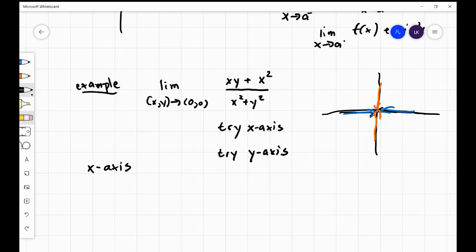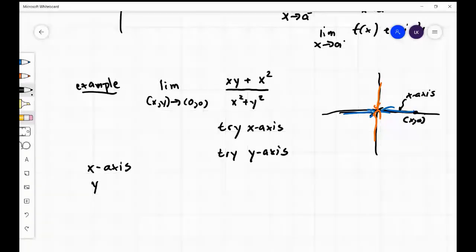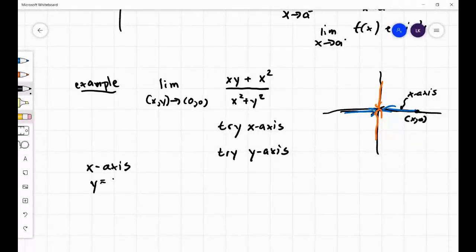Well, what equation defines the x-axis in the plane? That's right. Every point on the x-axis, recall, has a y-coordinate which is 0. So y equals 0 is exactly the equation of that horizontal line, namely the x-axis.